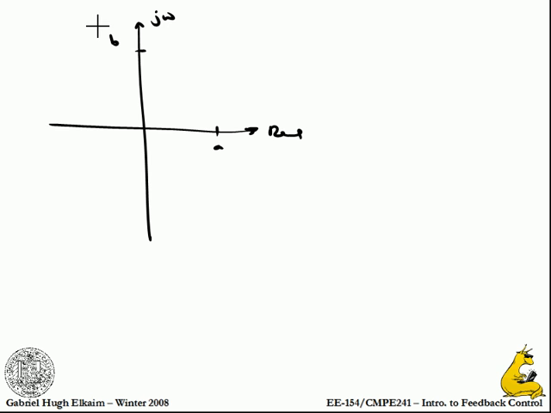All right, so let's say I have a complex number. Here's going to be the real axis, and here's the j omega axis. And so I have a complex number that is a plus bj. There's my number. So if I turn this into polar coordinates, a plus bj is equal to M e to the j phi.